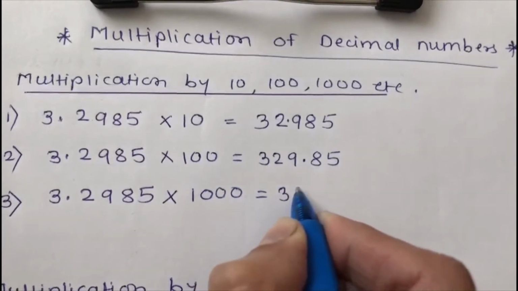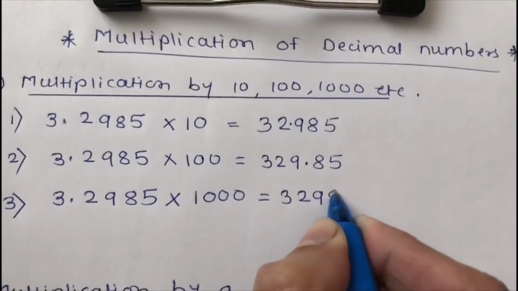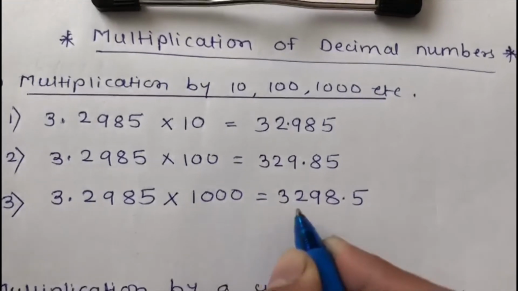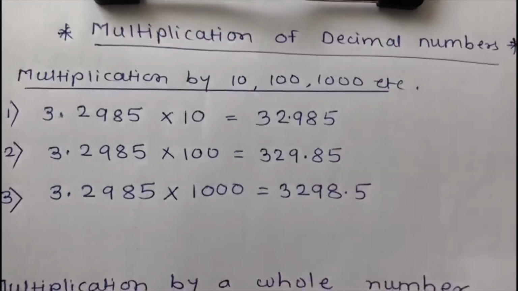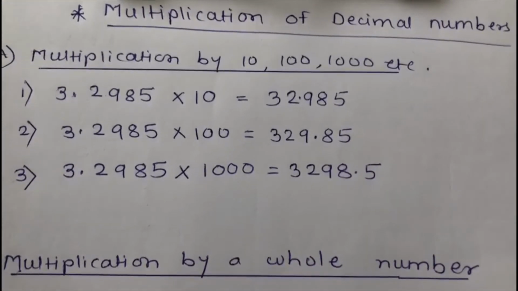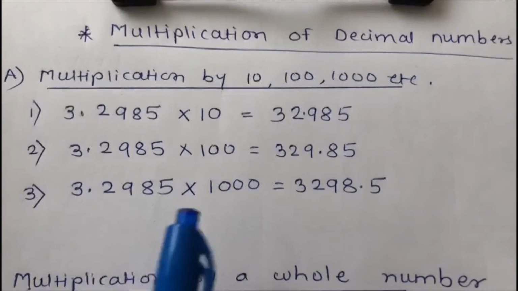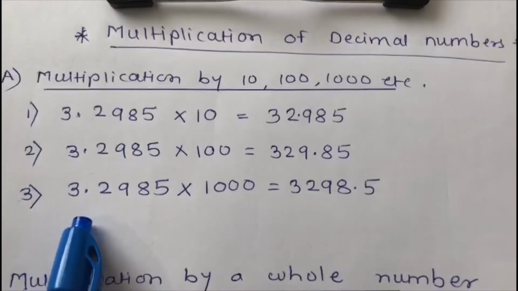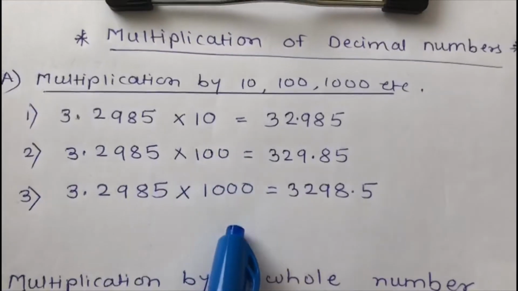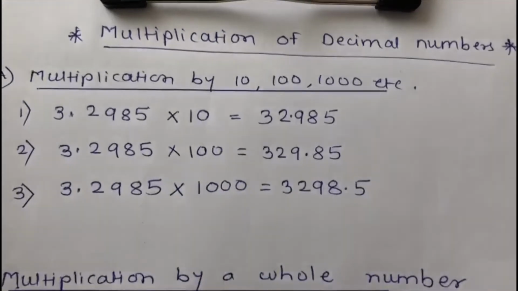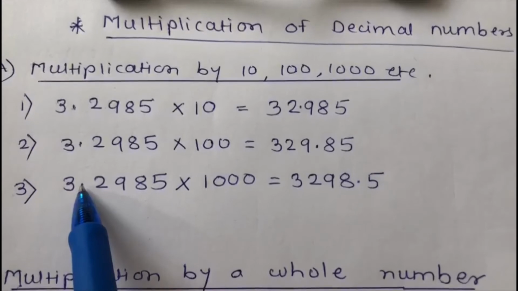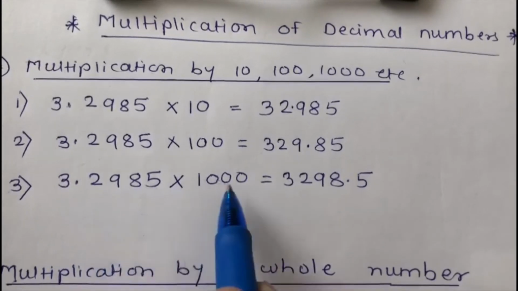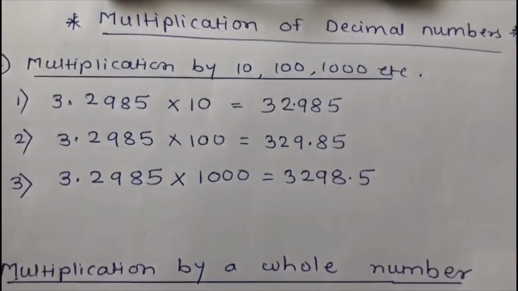So it gives the answer like this, which is 3298.5. Now you have got an idea. When we multiply any decimal number by 10, 100, 1000 or 10,000 and so on, then we have to shift this decimal point to the right side according to the number of zeros.